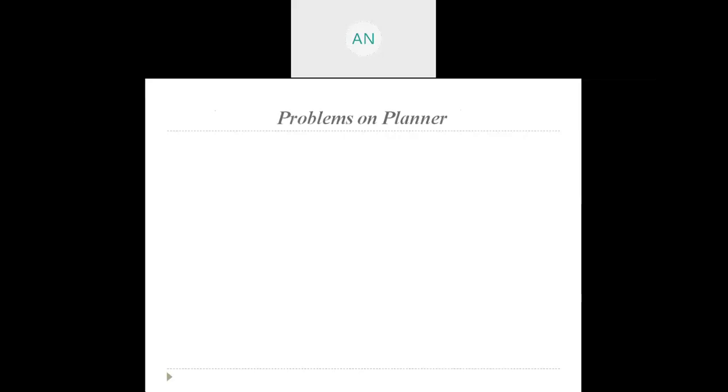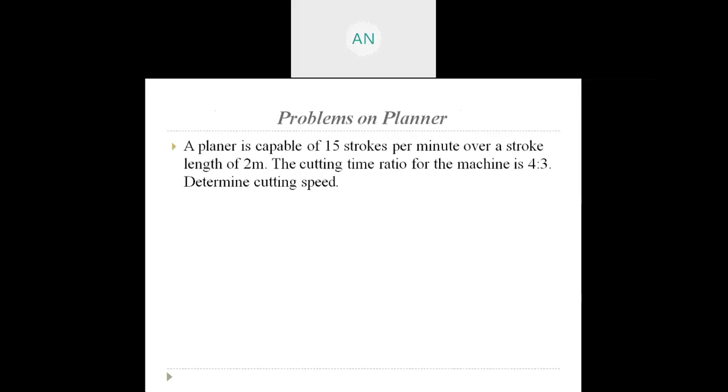Let me take up a problem on a planer. Let me read the question first. Try to imagine or visualize the concept I am trying to convey. A planer is capable of making 15 strokes per minute over a length of 2 meters.